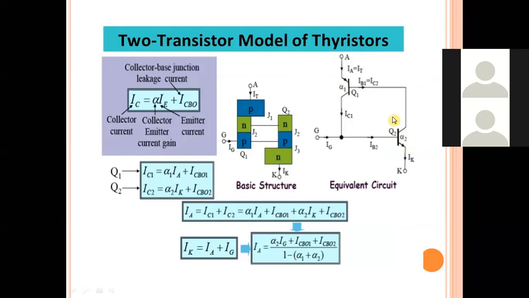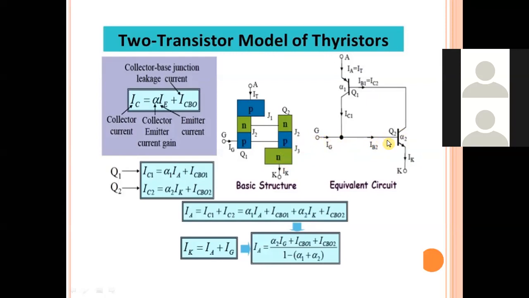To change alpha 1, you need to increase the gate anode current. This may not be possible when the device is in the blocking mode. So without changing alpha 1, we are going to change alpha 2. How are you going to change alpha 2? By simply injecting a gate current.